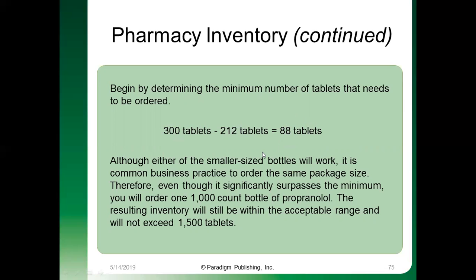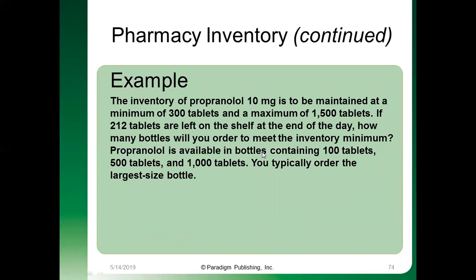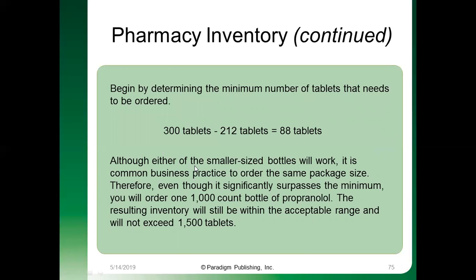We could have used the 100 count bottle of tablets, but like it says, you typically order the largest size, which is 1,000. So if we add 1,000 and the 212 that we have in stock, that's 1,212, which is still less than the maximum. So you're not exceeding your maximum number of tablets. So that's a good thing.